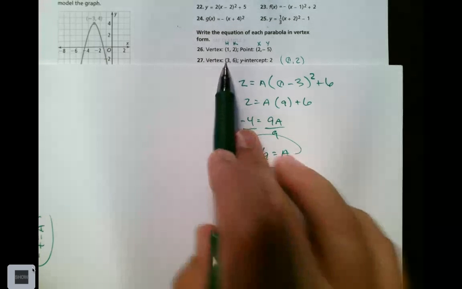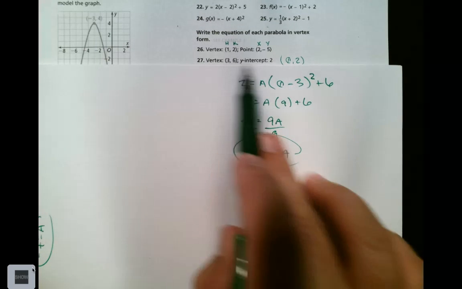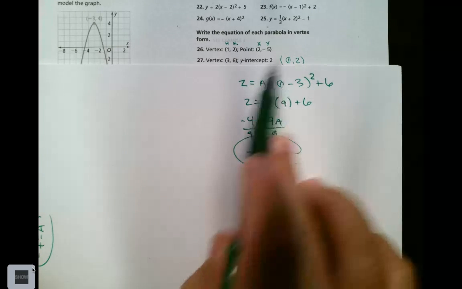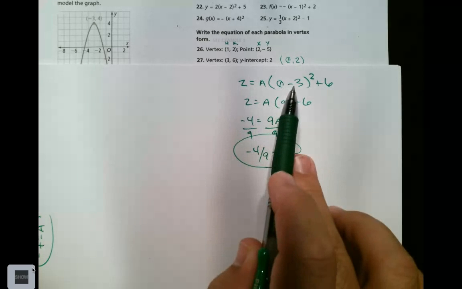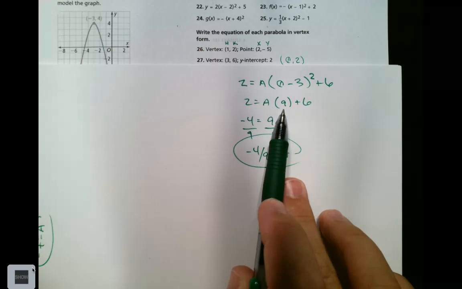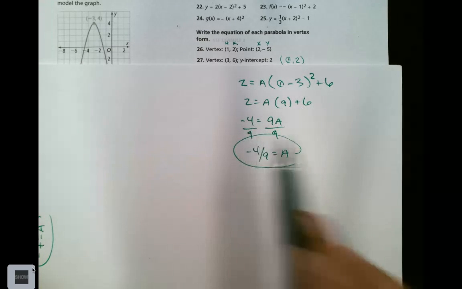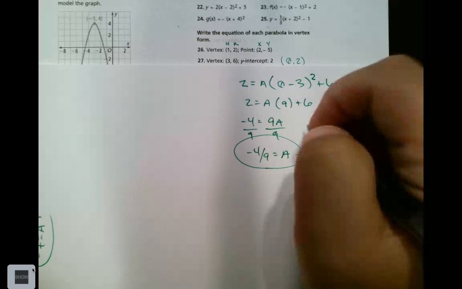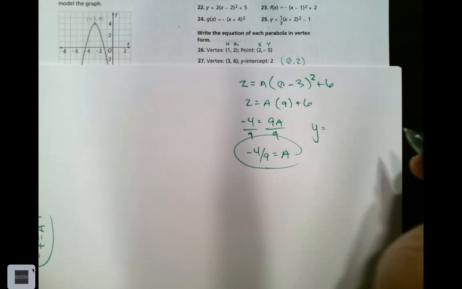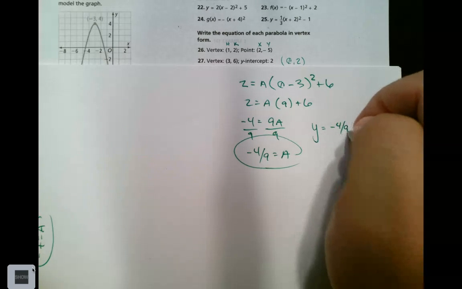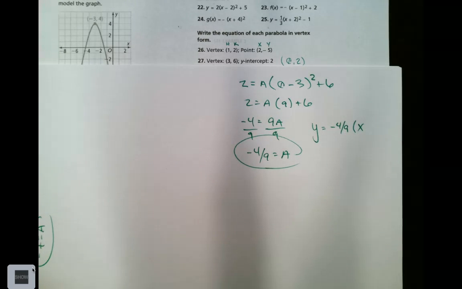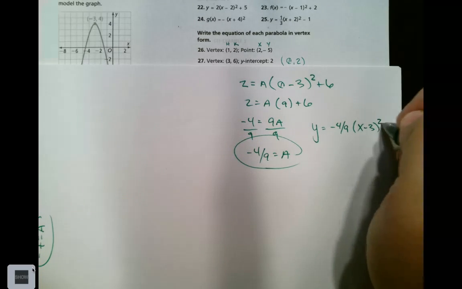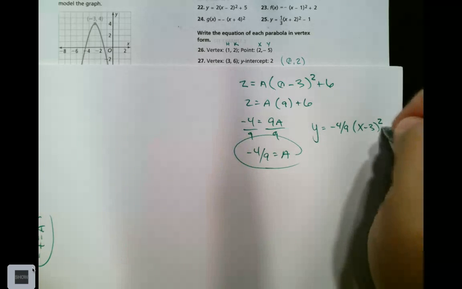So h is 3, k is 6, y-intercept x is 0, y is 2. -3, so that's 9, minus 6, divided by, yep, so a is just -4/9. So if we plug this into a function, y equals a times (x minus h), in this case h is 3, and then k is 6.